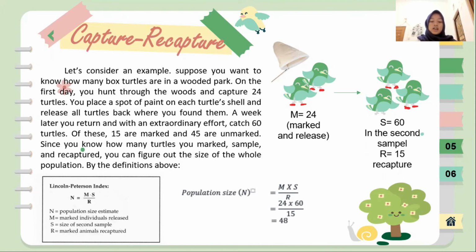Then input into the Lincoln-Petersen index: 24 multiplied by 60 divided by 15, and the result equals 96.